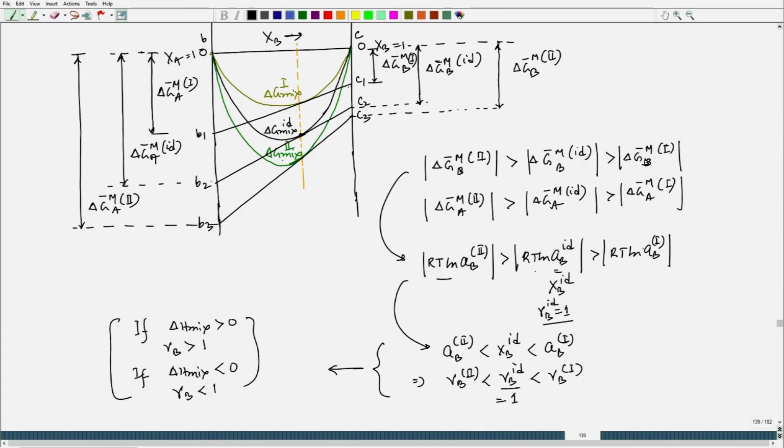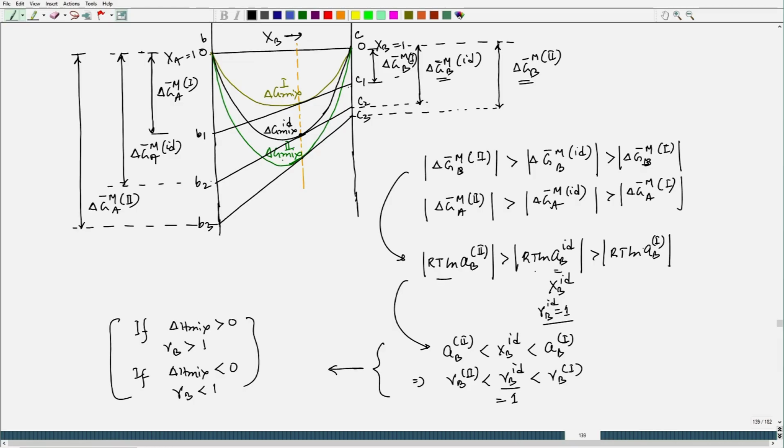So everything will be expressed in terms of activity, because we see that these values are not straightaway related to mole fraction; rather there would be another excess term, which is RT ln gamma of a particular component in a solution.